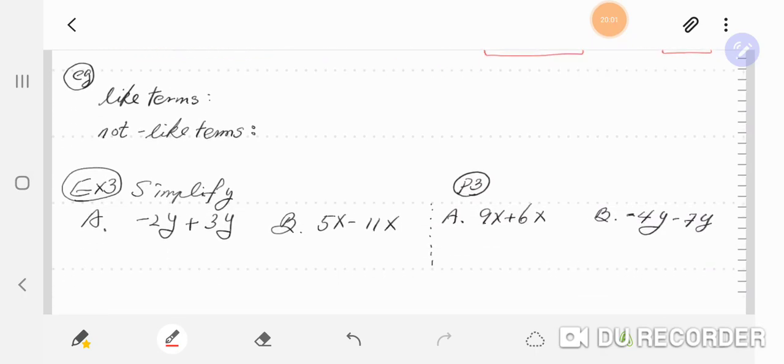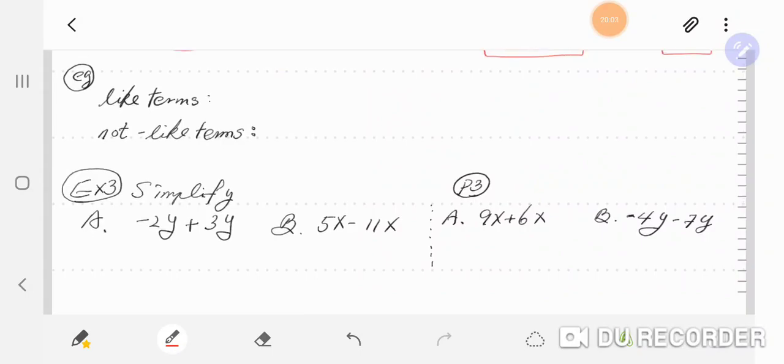So let's give some examples of like terms. 3x and 4x, right? How about 2xy and negative 4xy? They're like terms, right?